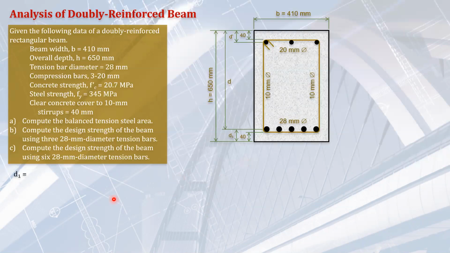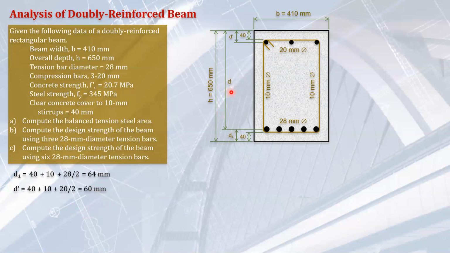Your D1 will be 40 mm cover plus the 10 mm ties, plus half of 28 mm. That's 64 mm. Next, your D prime will be 40 mm plus the 10 mm stirrup, plus half of 20 mm. So that is 60 mm. So your D1 is 64 mm, and your D prime is 60 mm.